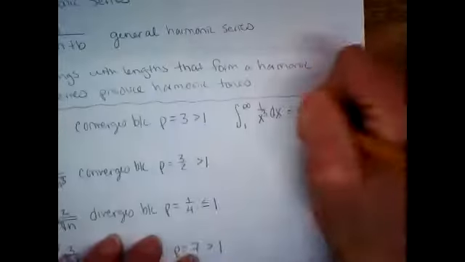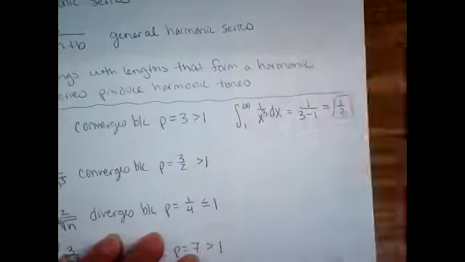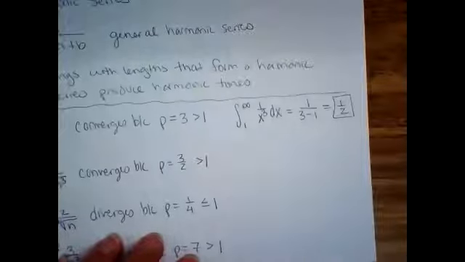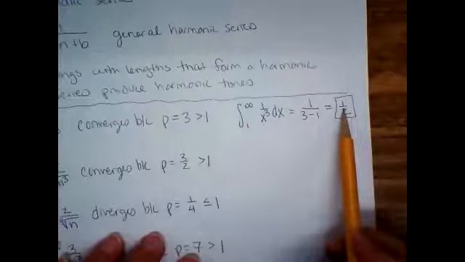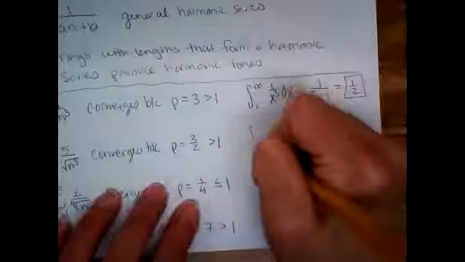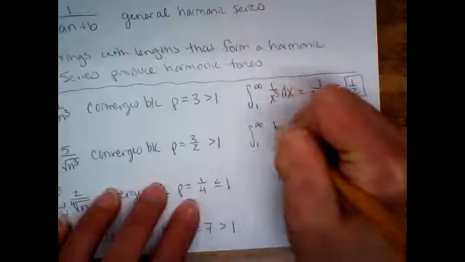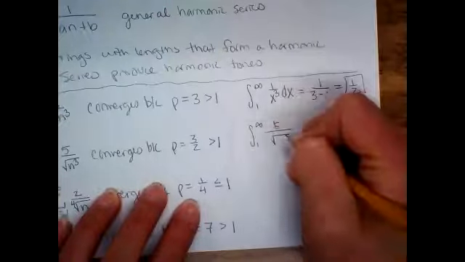So this would equal 1 over 3 minus 1, which would be 1/2, and you could get the answer super, super quick. Like if they threw a multiple choice on there, is that what the series converges to? No, it would be greater than that. This one, that's what the integral converges to.